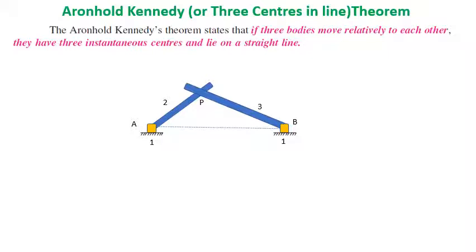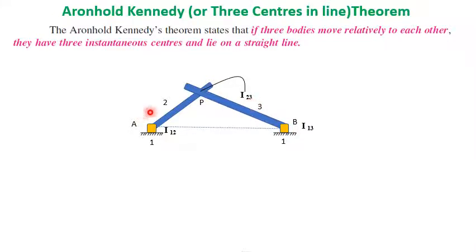Suppose we consider the point P on link 2, then its velocity is perpendicular to AP. Before that, the instantaneous center for links 1 and 2 is I12, whereas the instantaneous center for links 3 and 1 is I13, and similarly for links 2 and 3, its instantaneous center is I23.